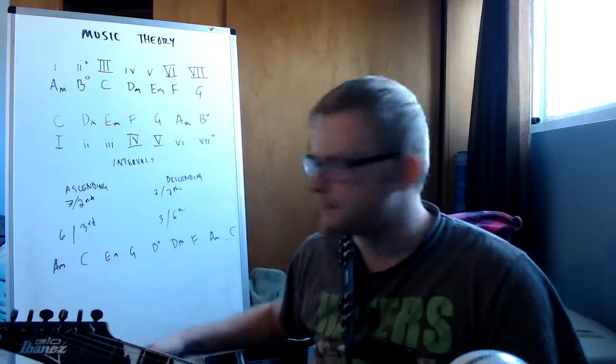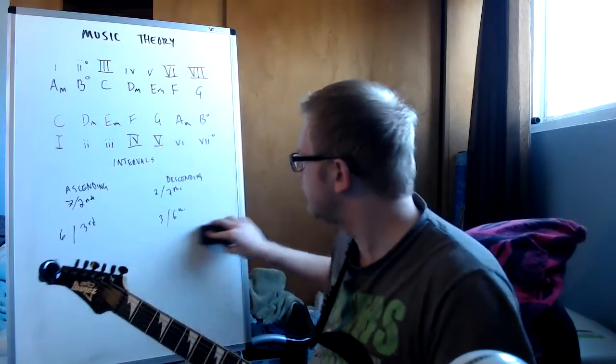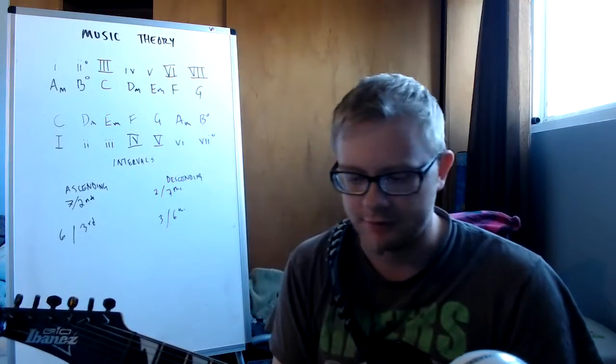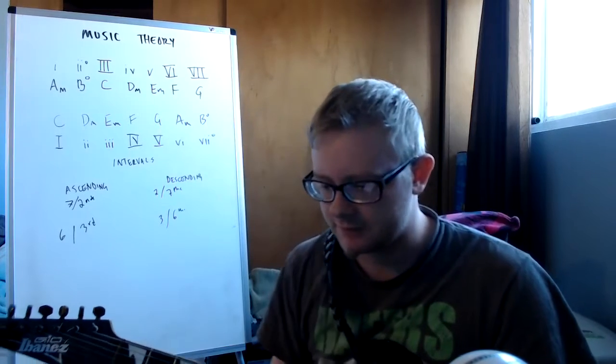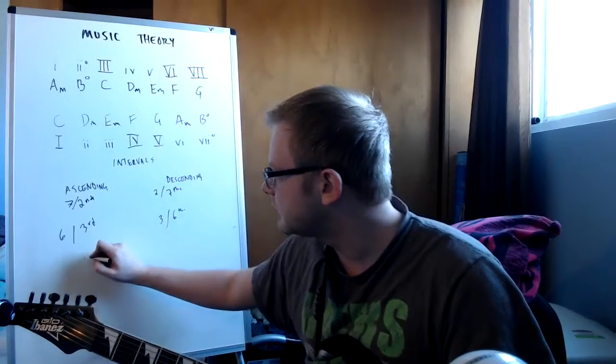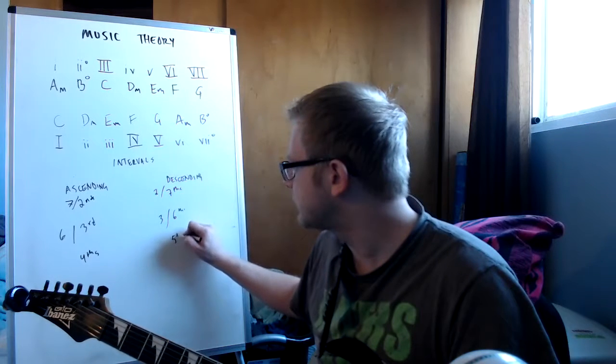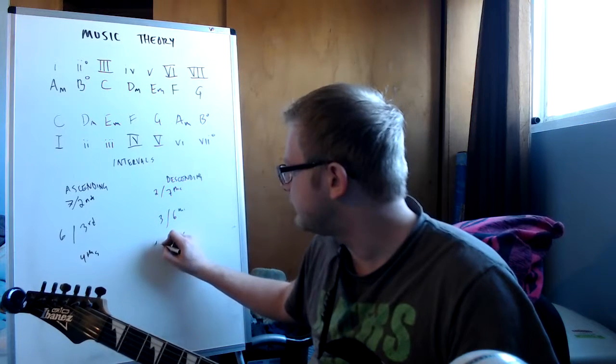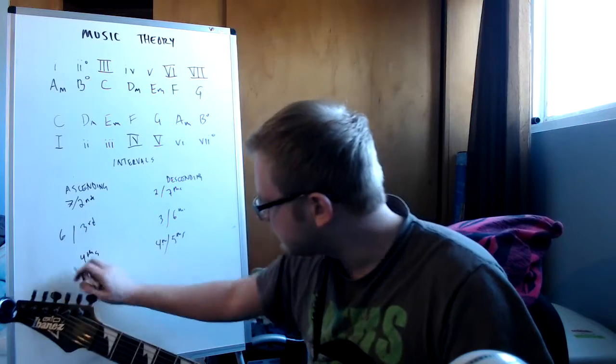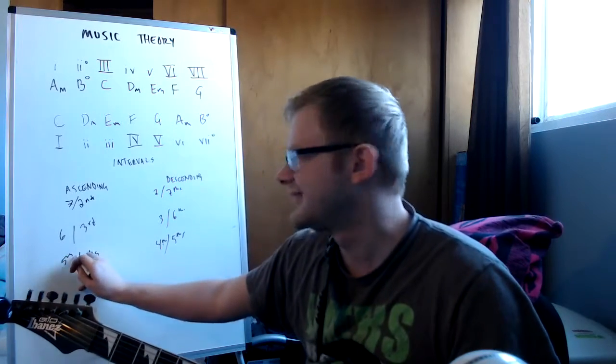We have one more option, which is to do this in fourths and fifths. We have the same type of thing happening. Ascending by fourths is the same as descending by fifths, and descending by fourths is the same thing as ascending by fifths.